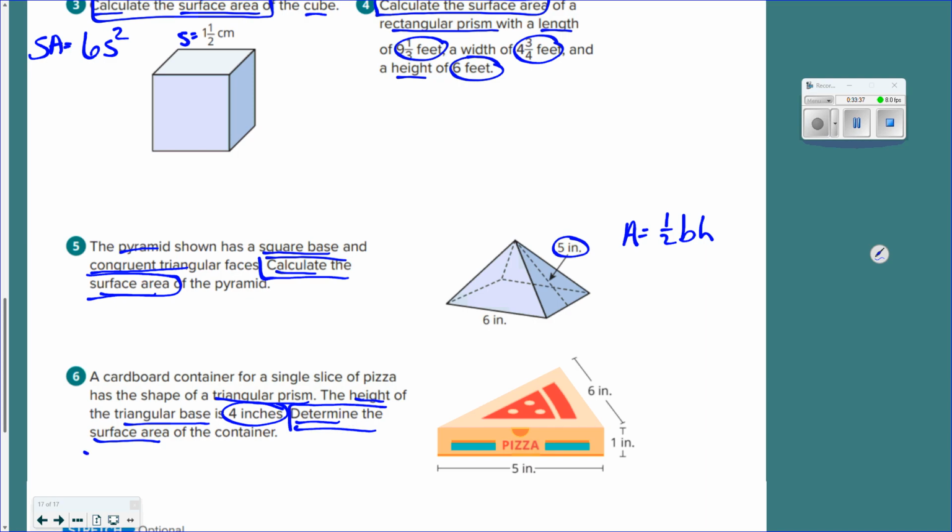No. But what they told me is, this is a triangular prism. What does that mean? That means that this is my base shape, isn't it? Yes. Okay? So they gave me the height of the triangular base. That should give you a huge hint. Realize you got 3 rectangles around. I'll help you. Good luck, guys.